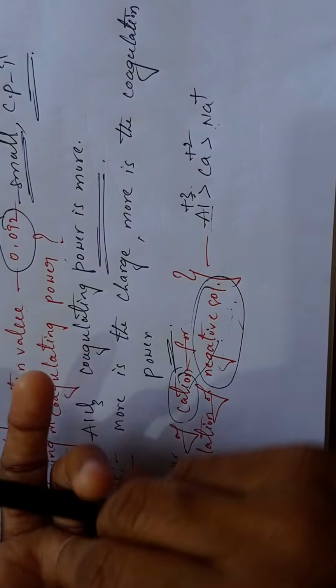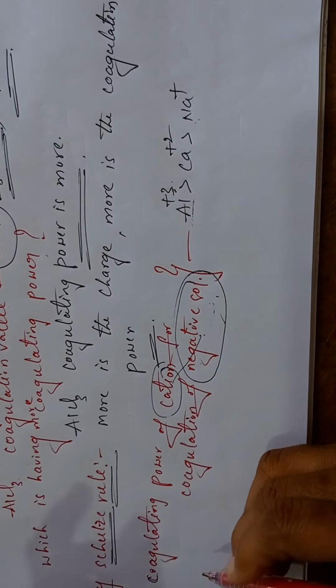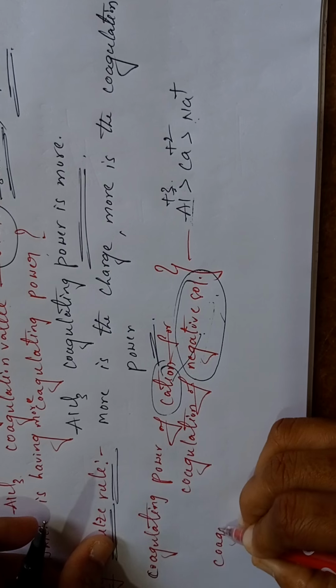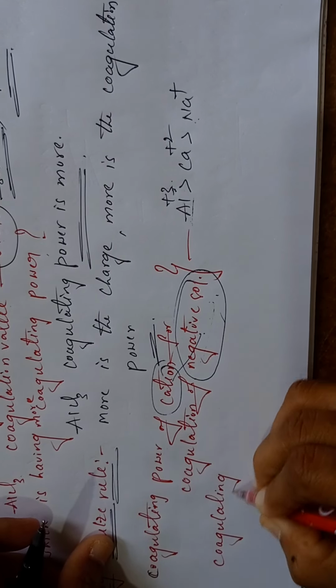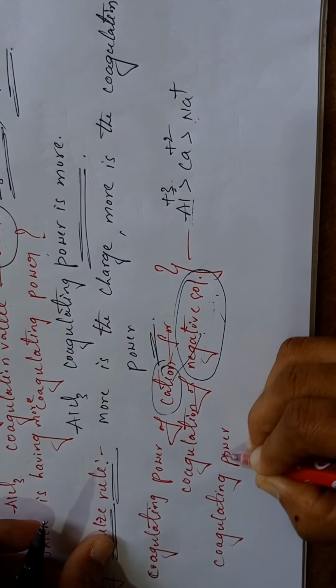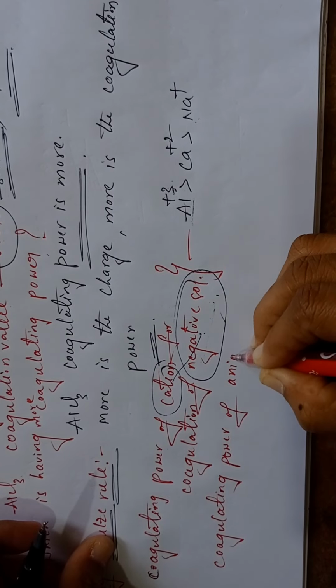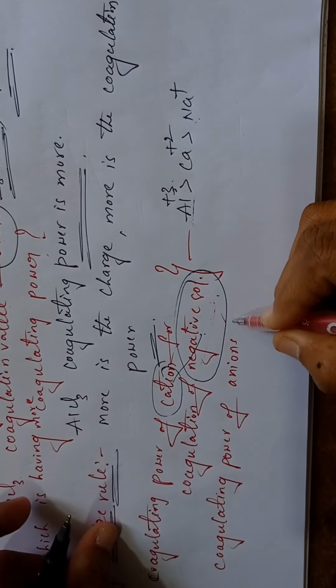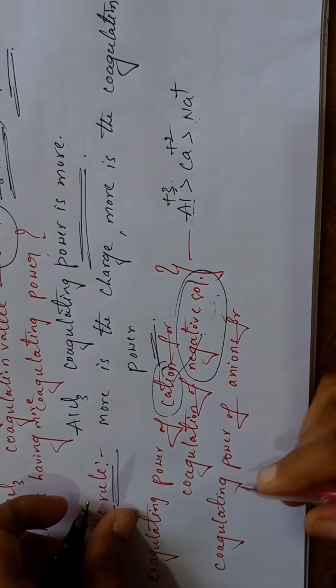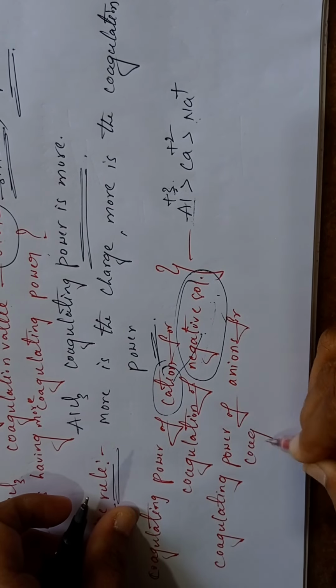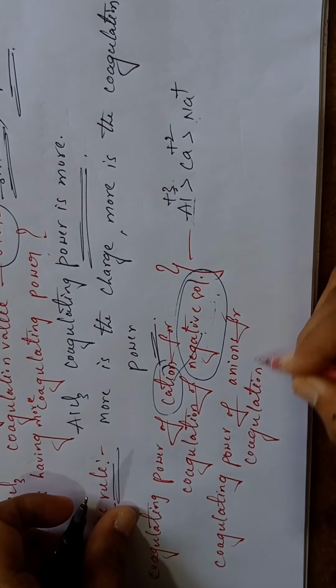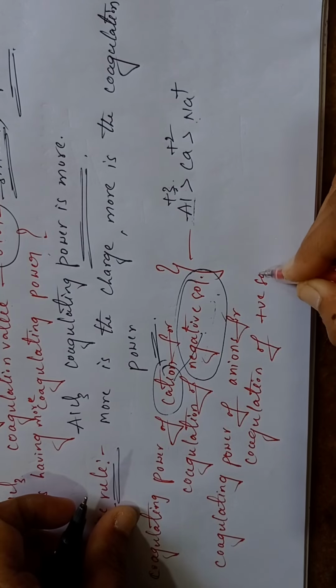Understanding, students? Now see here, one more I am taking: coagulating power of anions. Now I am taking the coagulating power of anions for the coagulation of which sol? Positive sol. Are you clear?